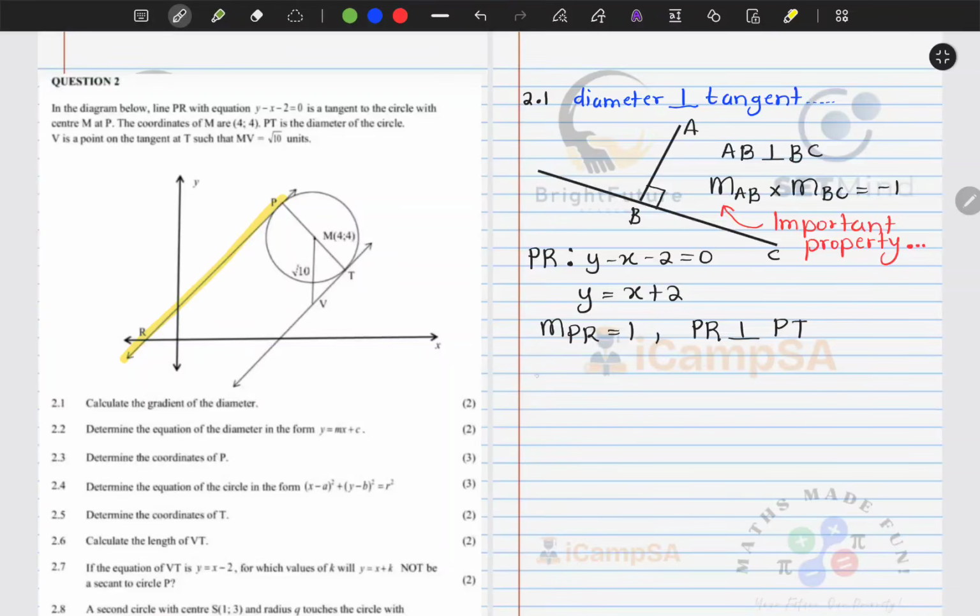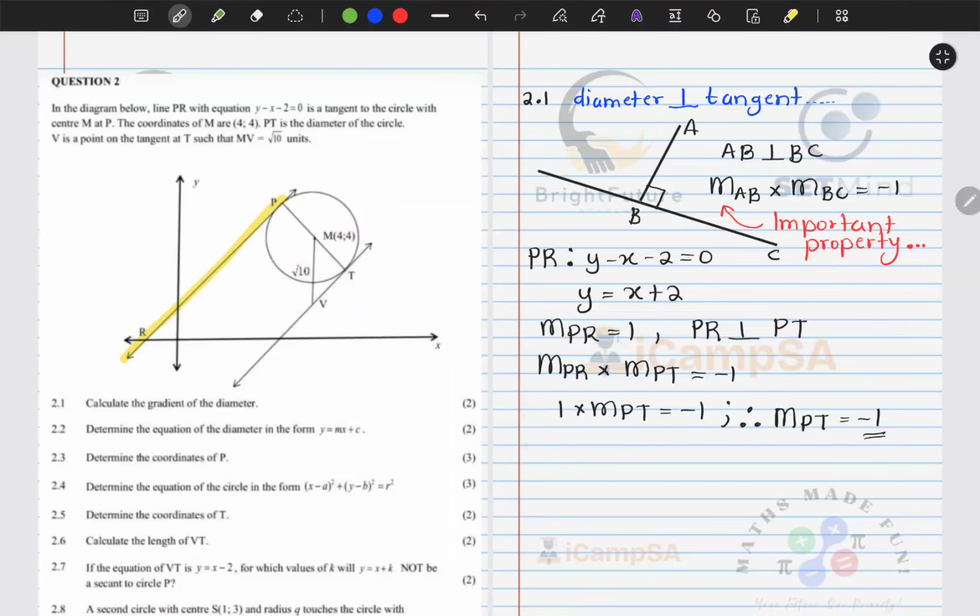So what this means is that if I take the gradient of PR, I multiply it with the gradient of PT, which is the gradient of the diameter, I should get minus 1. Since the gradient of PR is 1, that means I have 1 multiplied by the gradient of PT, which is negative 1. So you will see that the gradient of PT must be negative 1 for this to work.